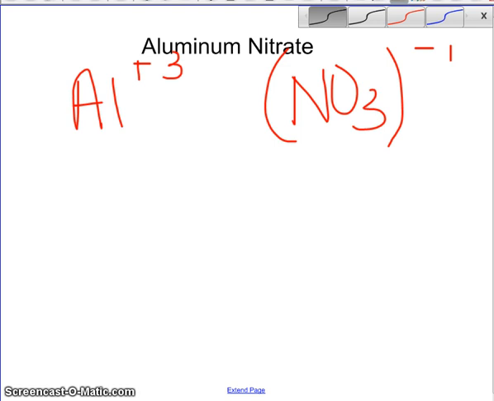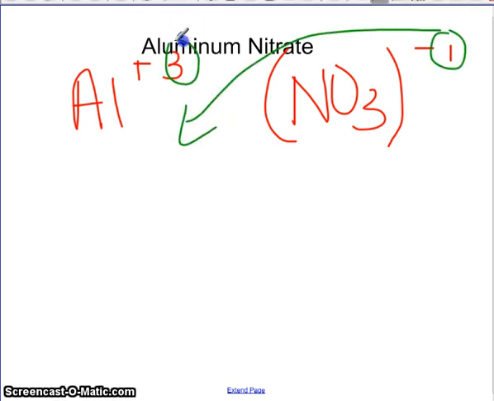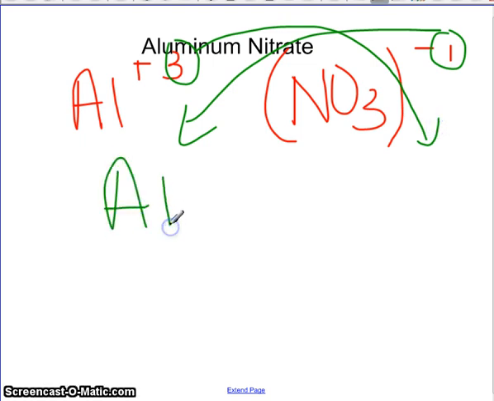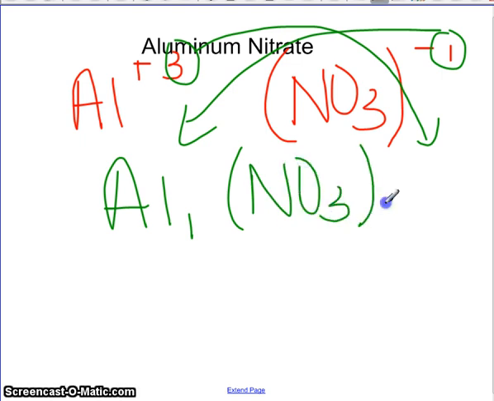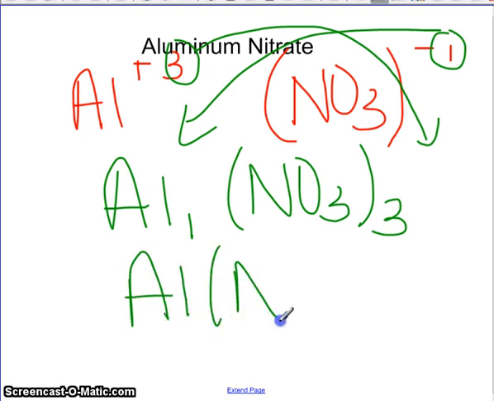-1. So I take the charges and cross them down. So I have Al1, (NO3)3. Okay, I don't need to write the ones, so I have Al(NO3)3.